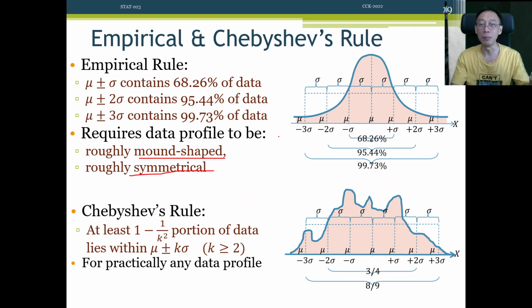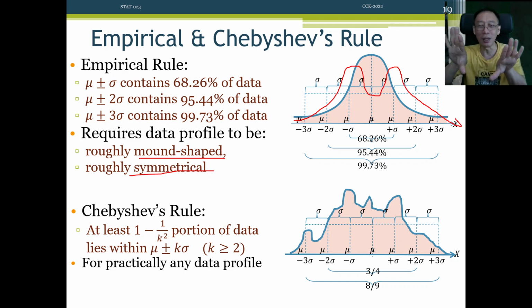Now, what do you mean by roughly mound shaped? You can have symmetrical data sets but not mound shaped. So that's roughly symmetrical. Of course, no natural data will be exactly symmetrical. So long as they are roughly mirror image, roughly is the keyword. Roughly the mirror image about the mean.